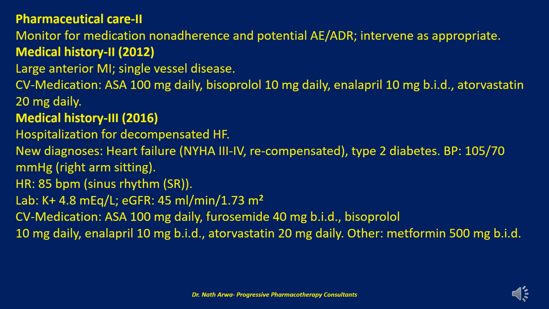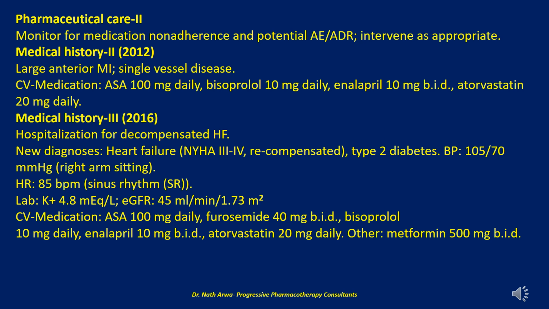BP, 105 systolic, 70 diastolic, measured using his right arm while sitting. Heart rate of 85 beats per minute. Sinus rhythm, SR. Laboratory results: potassium levels of 4.8 milliequivalents per liter, eGFR of 45 milliliters per minute per 1.73 meters squared.